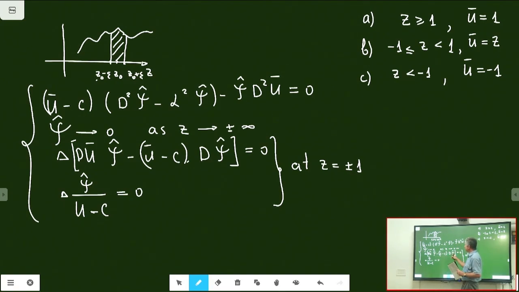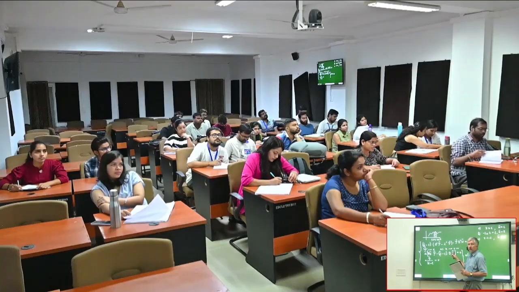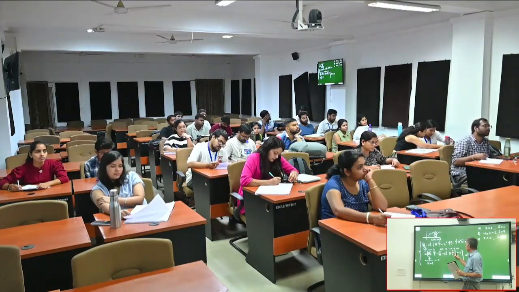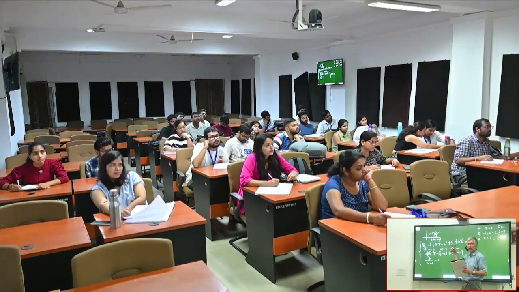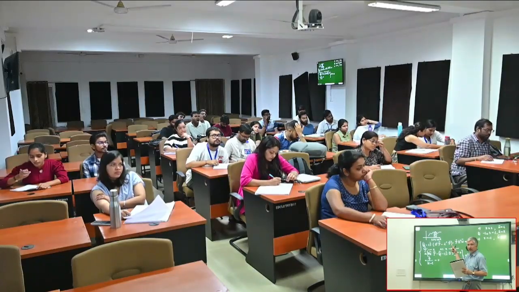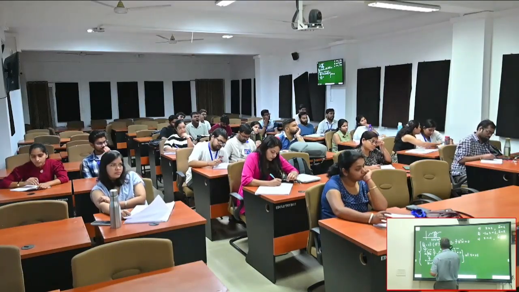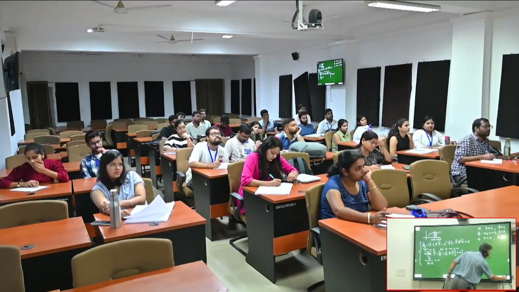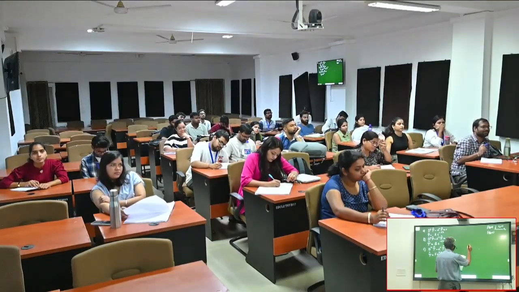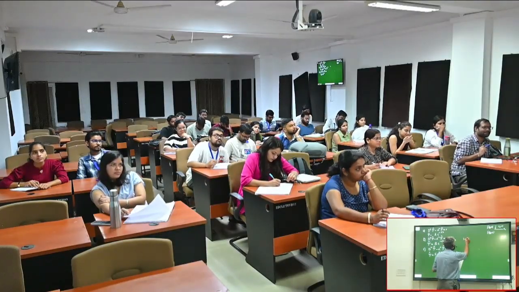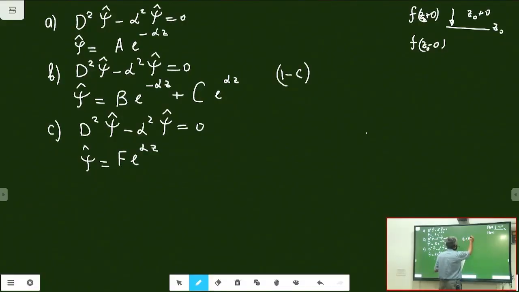What about d psi? It's the derivative of e to the power minus alpha x, so therefore it will be minus alpha. So we will get 1 minus c multiplied by the square bracket.